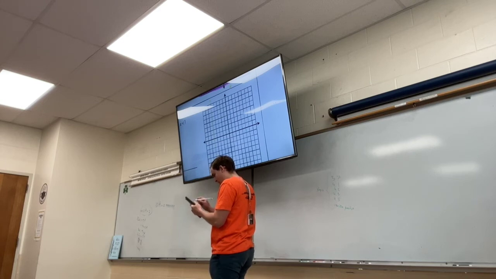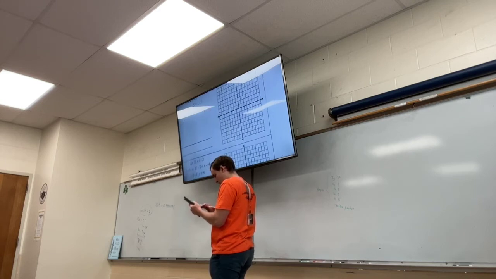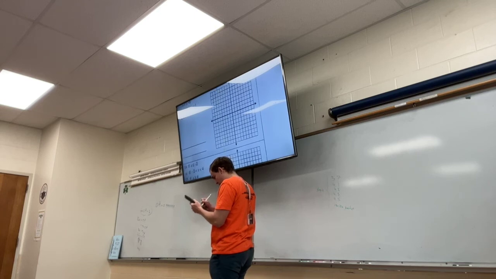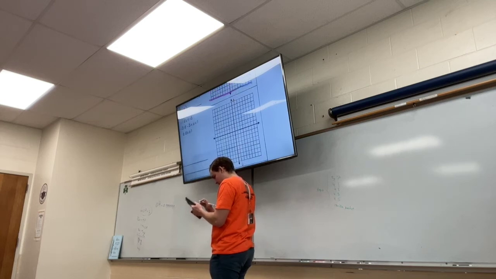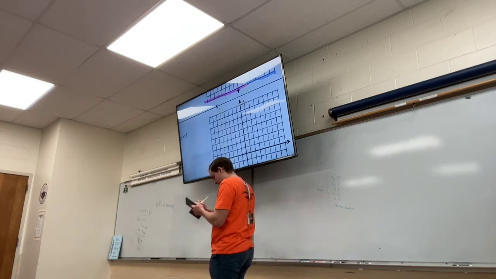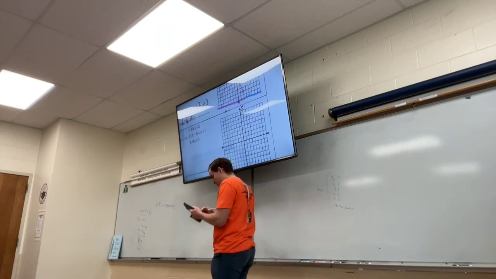And then I'll do an orange line, x equals +1. I'll label these. This is the line x equals -5. This is the line x equals 1. Okay, so there are my 2 boundaries.